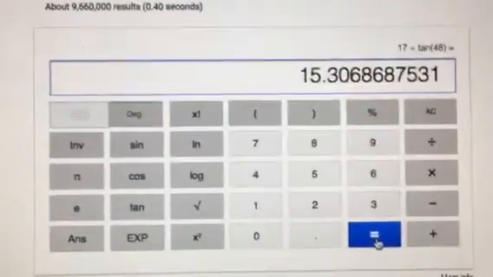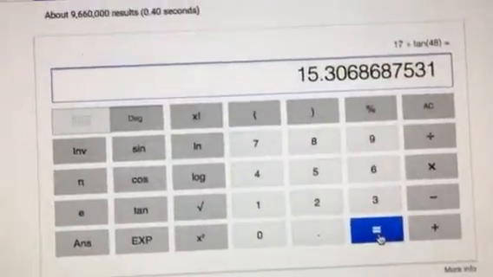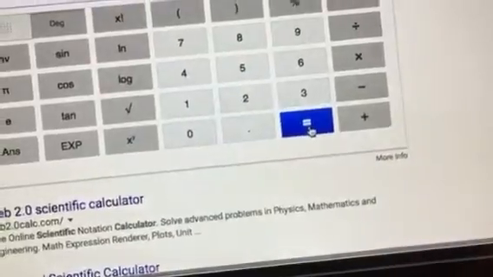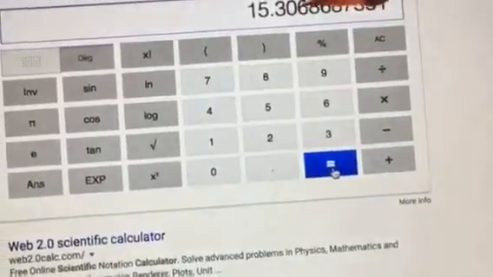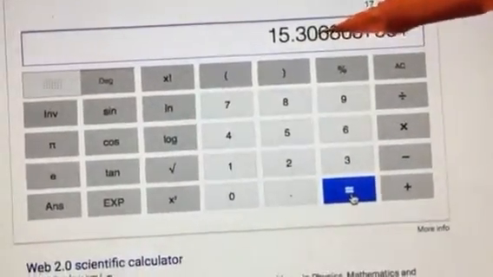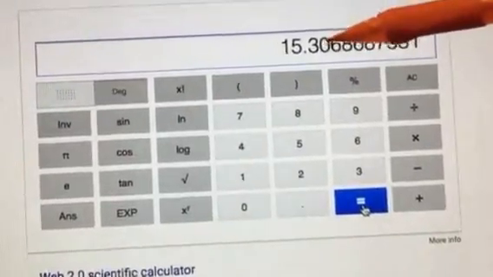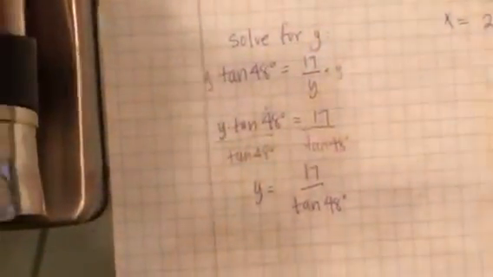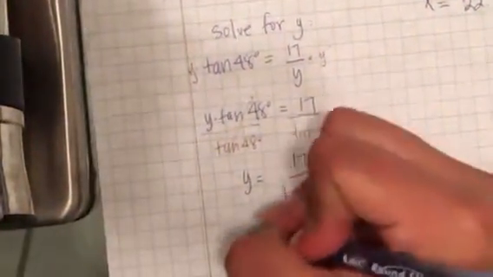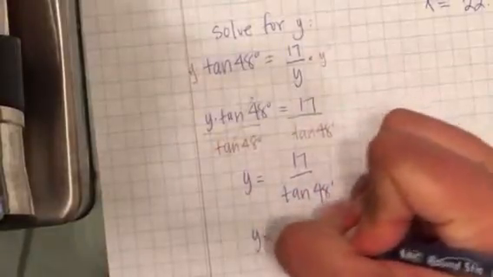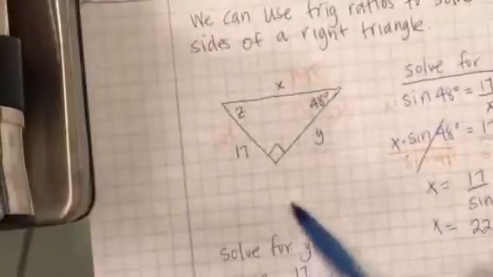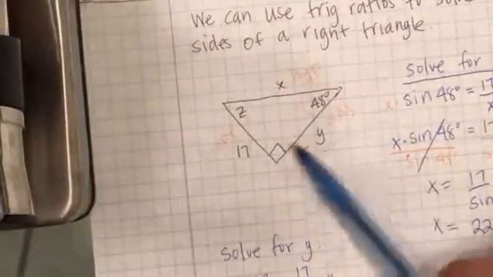Yeah, you do. 15.31 should be the correct answer, because you're rounding off. I'm looking at the digit over here, the 6. 6 is greater than 5, so that means this one increases by 1. So this should be 15.31 as your final answer. So y is equal to 15.31.